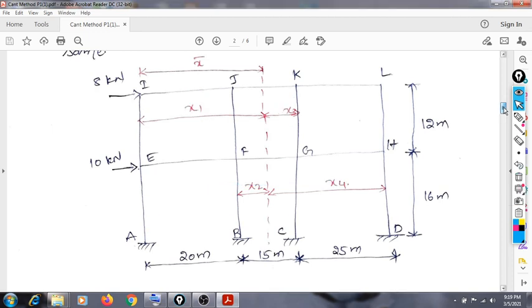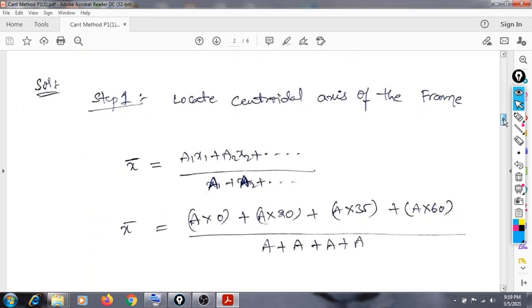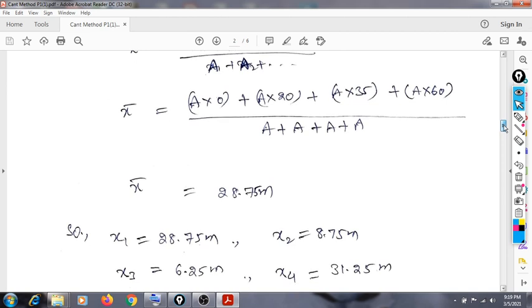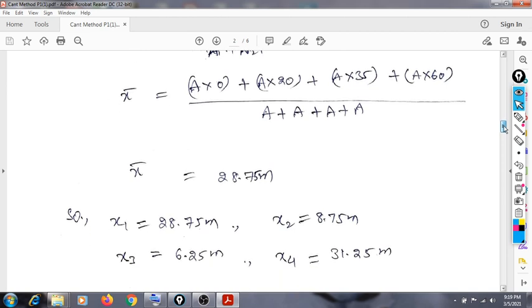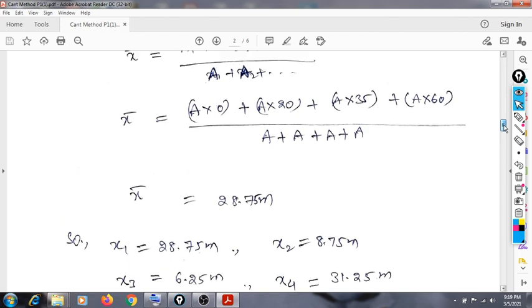Coming to x bar, we have 28.75, so x bar is 28.75.